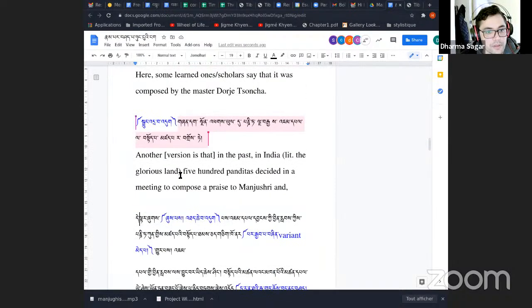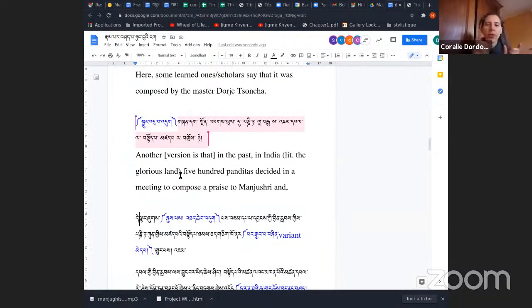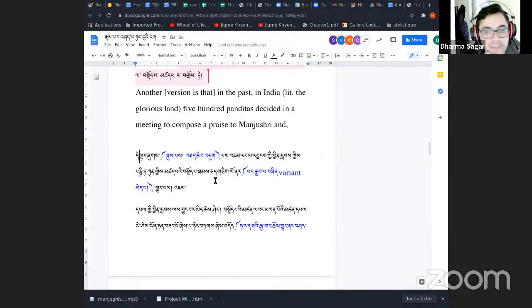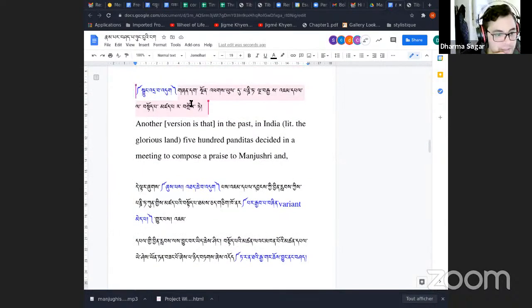Could you explain why you say another version and not others? Other ones? I don't know. If there is a verb at the end of this quote that says it was someone else who said that, then okay. Let's see. So I'm going to read down there.